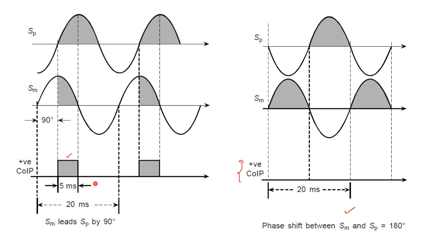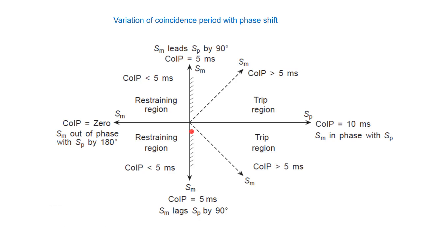Now from these figures, what we can observe is that when the phase angle difference between the two sinusoidal signals becomes less than 90 degree, that means the coincidence period becomes greater than 5 millisecond, and when it is greater than 90 degree, then it becomes less than 5 millisecond. That is what we can see here.